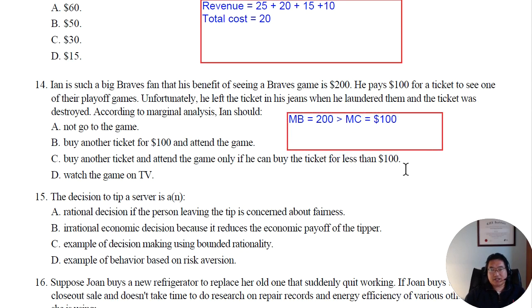The lost ticket is not involved here. We do not consider this laundered ticket because they are gone. It's basically the same thing as $100 disappearing from Ian's wallet. Just gone, and that is sunk. He cannot recover the $100 by whichever means.